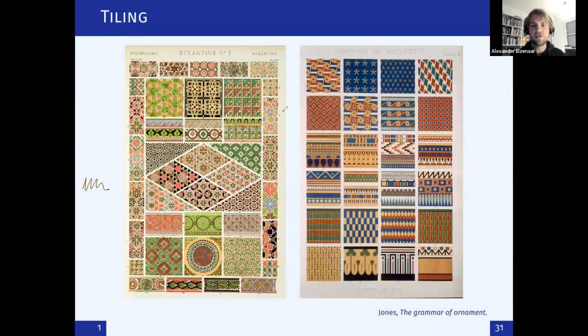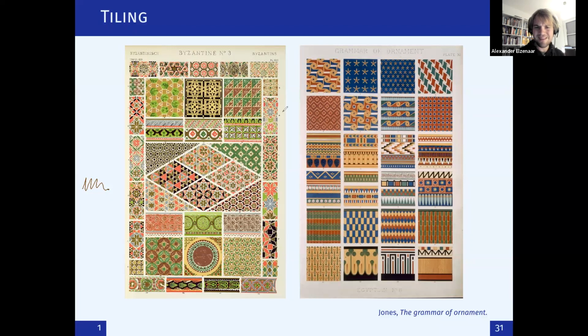I just want to show that this idea that you can repeat a pattern and fill a space with it did not arise when people started writing down groups in the 1800s. It was around a long time before that, and it's the thing which I want to view as the fundamental object in this field: the idea of this tiling of the plane.